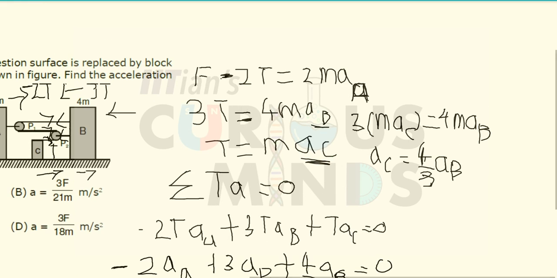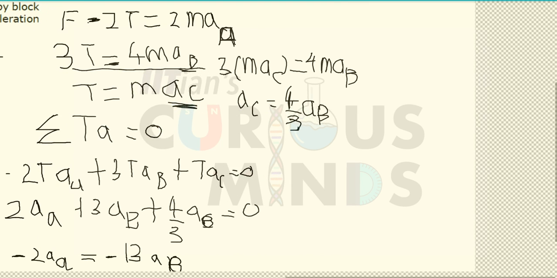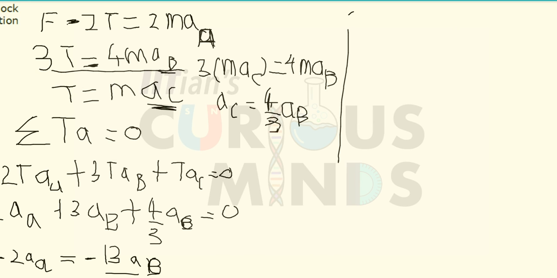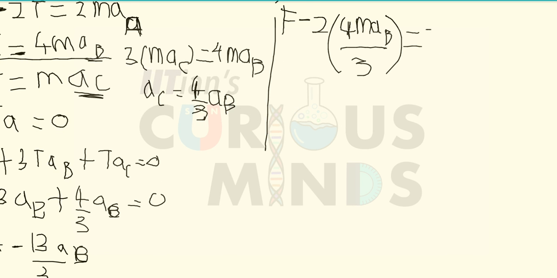Now I will substitute the value over here in the first equation. So F minus 2 times T, instead of T I will substitute 4m aB divided by 3, is equal to 2 times m aA.